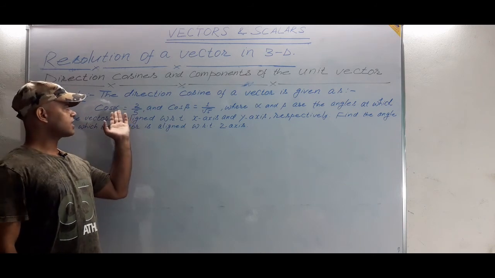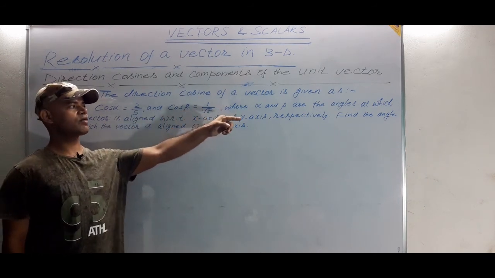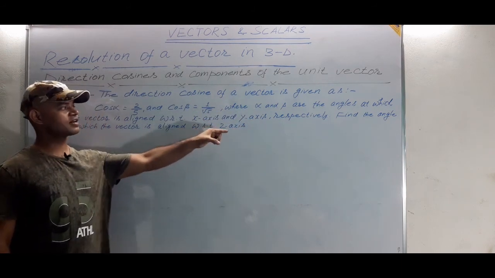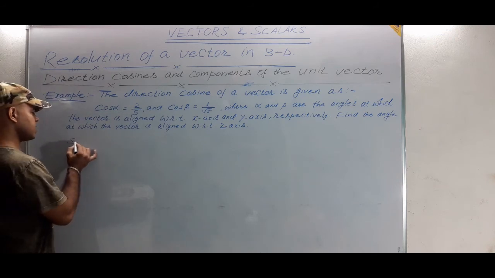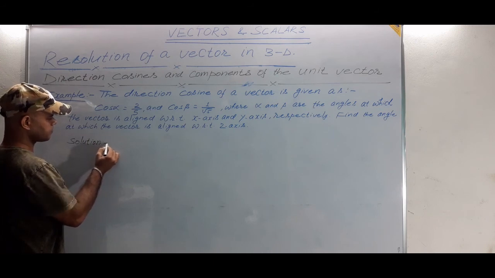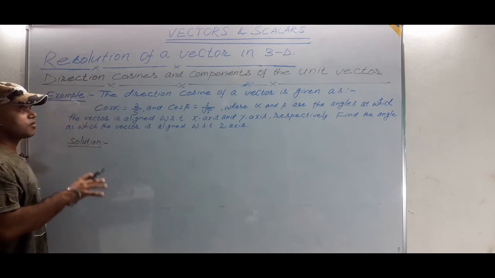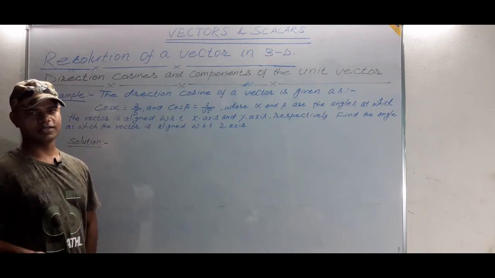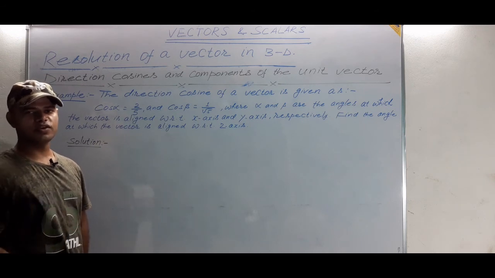So alpha can be calculated, beta can be calculated, but we are required to find the angle, that is gamma, the vector makes with respect to z, right? So we can find it. Very simple. We know the sum of squares of direction cosines is unity, because direction cosines are nothing but the components of the unit vector.